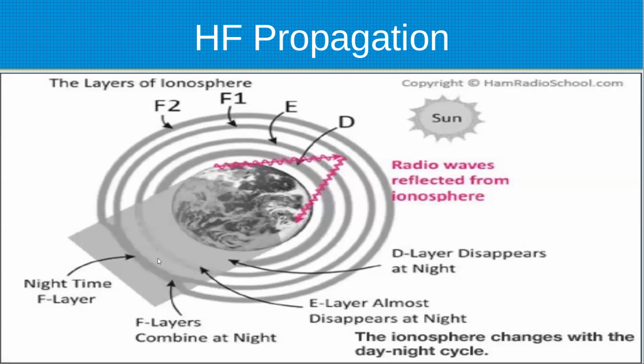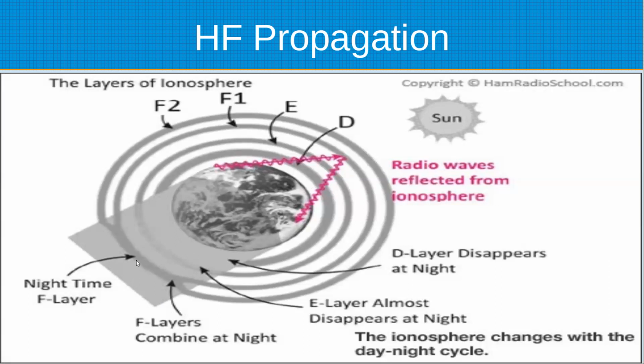Okay. This one I think is attempting to show the difference between day and night. We're over here in the Earth's shadow, or the night portion, where the D layer totally disappears, the E layer becomes much thinner, and the F layers combine and collapse and actually, I think, get a little lower.